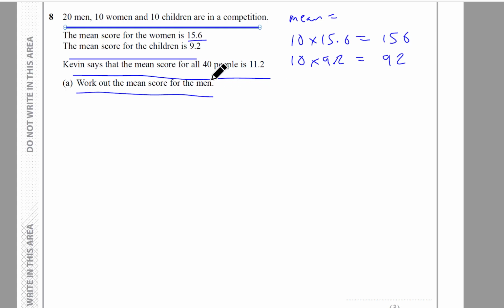Now Kevin says the mean score for 40 people is 11.2. So work out the mean for the men. So we just have to work out 40 times 11.2, and this is just going to get you some method marks. Now to be honest, if you're not good at doing things like this, just do 11.2 4 times, because that's timesing it by 4, correct?